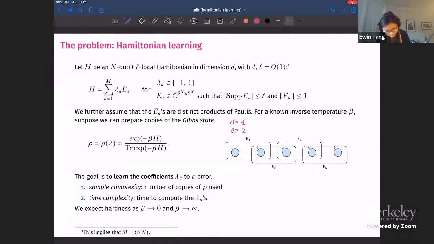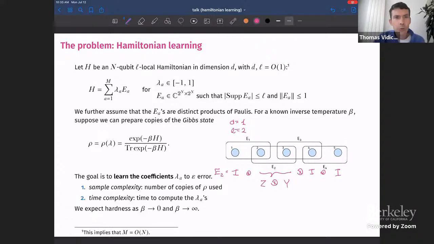So the E2 term is something that looks like the identity here, then some operator on these two qubits, and then you tensor the identity on all the other qubits. This operator can be anything, but we're going to assume that we can write it in the Pauli basis. So we assume that these E_a are distinct products of Paulis. For example, this could be like a tensor Y or something.